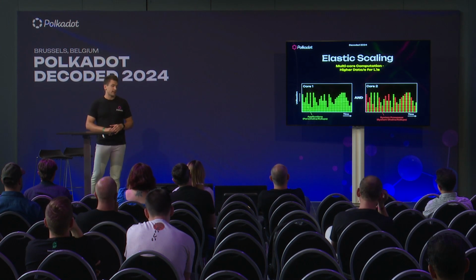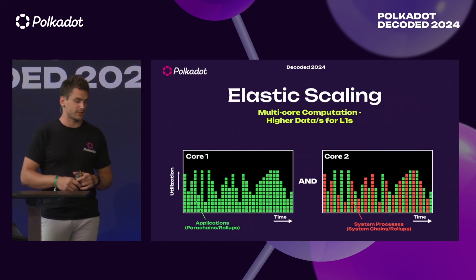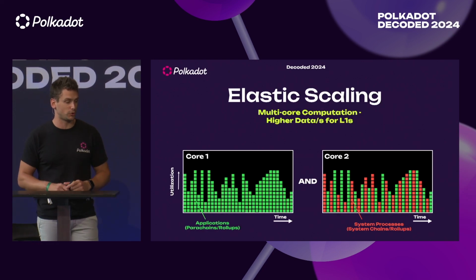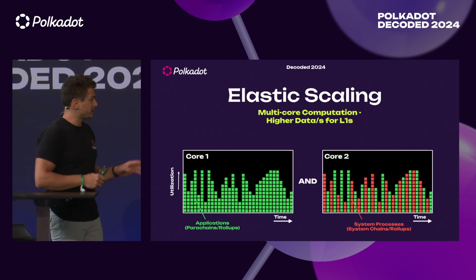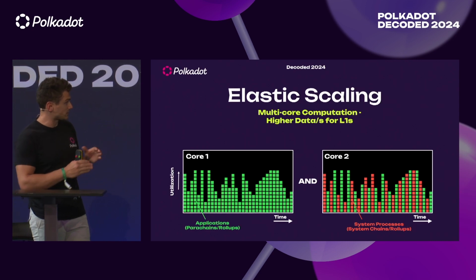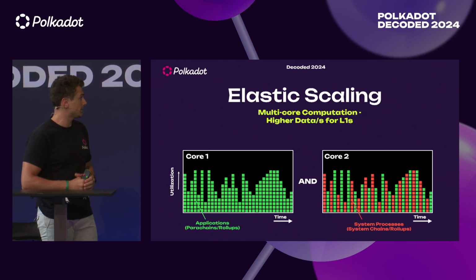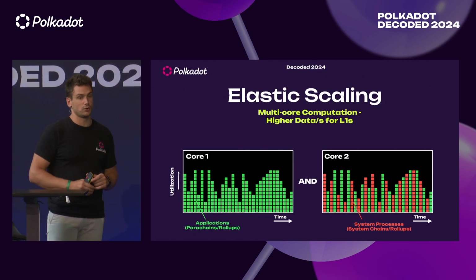Elastic scaling is another way of parallelizing processes across multiple cores. It's not one or the other anymore, it's one and the other. You can see core 1 has one process that is fully using that core, and then the same process can use an additional core.